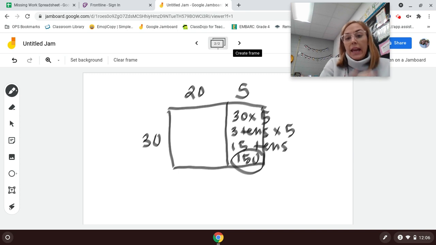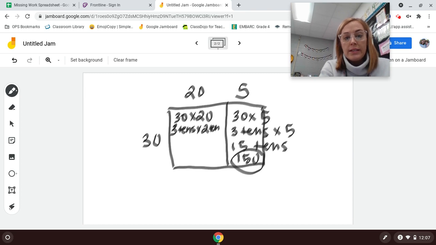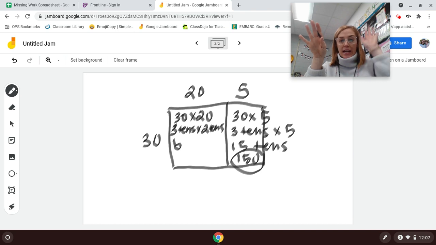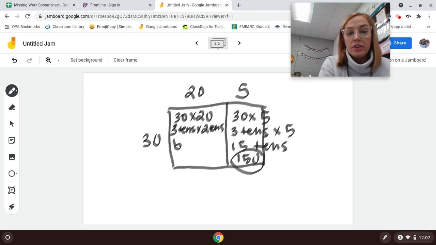Okay, so let's do the same thing in this other box. We're going to do 30 times 20, or 3 tens times 2 tens. So now I'm going to focus on that 3 times 2. And I know 3 times 2 is 6. And if I have tens times tens, it makes it hundreds, right? So it's 600s or 600.